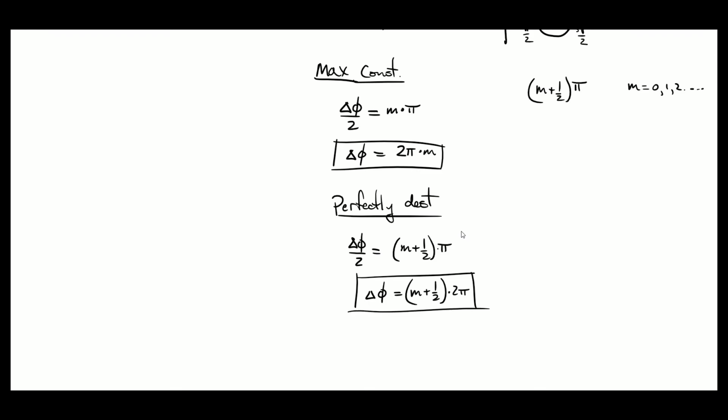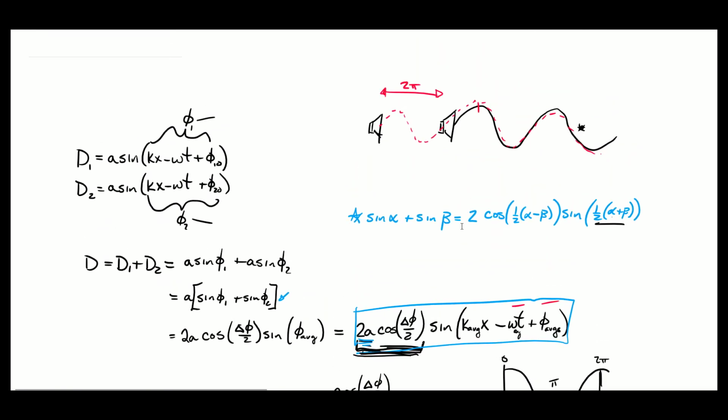And essentially what this is saying is, much like we had for two speakers playing the same note in the same room, if the path length difference between the two speakers and yourself was a multiple of a wavelength, you had maximally constructive interference.